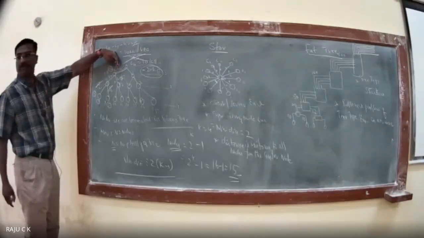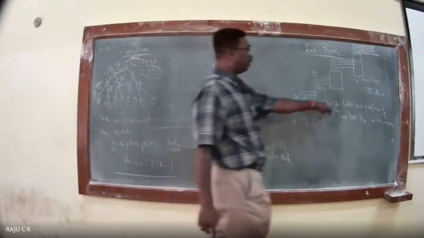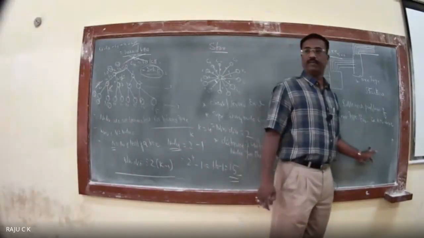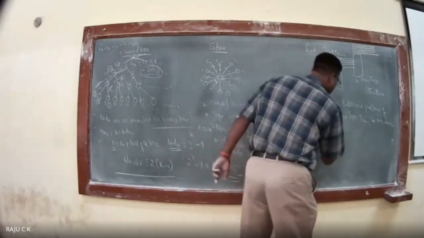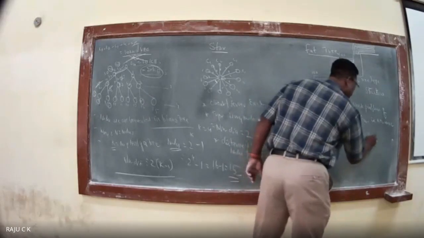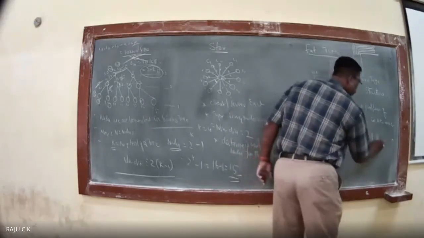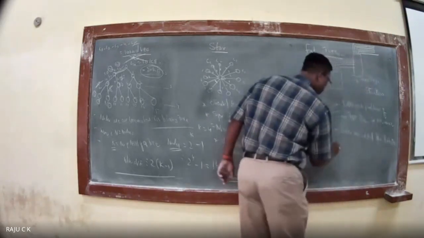The problem is existing here, and that bottleneck problem is overcome. I can overcome your bottleneck problem. Why? Because the number of links are added from bottom to top.